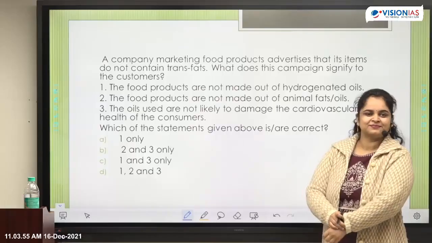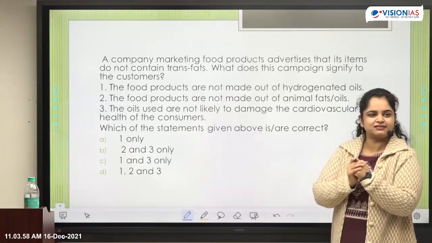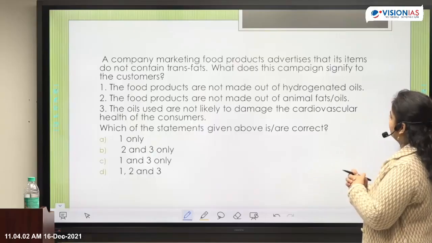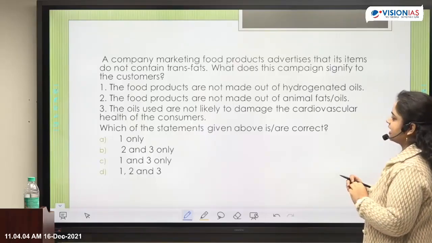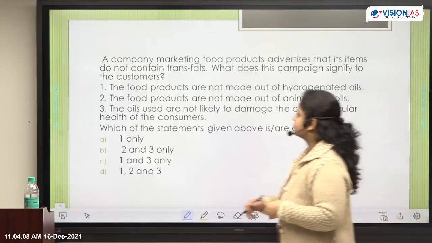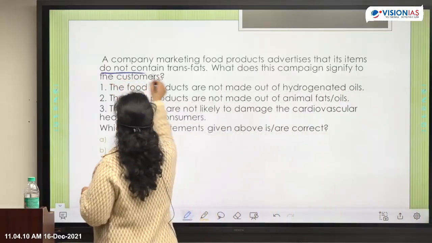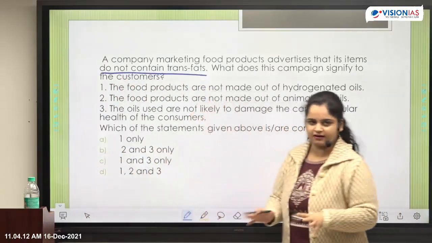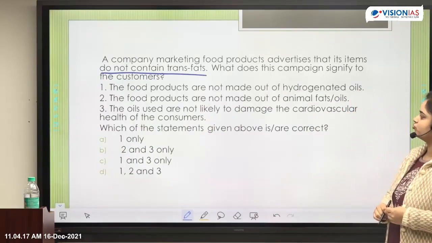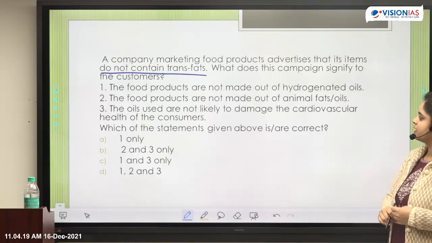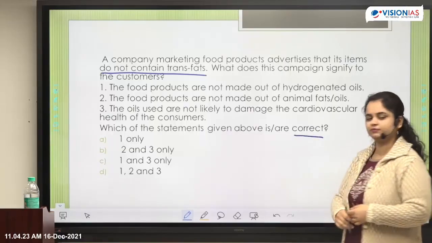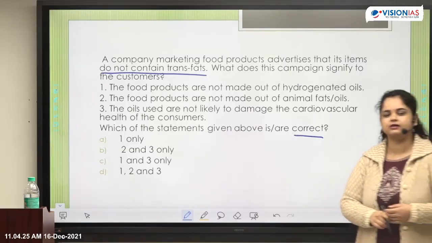Okay, let's try and solve one statement at a time. A company marketing food products advertises that its items do not contain trans fats. So the information which we have is does not contain trans fats. What does this campaign signify to the customers? You have to find out which is correct. That's what the question is basically asking you.